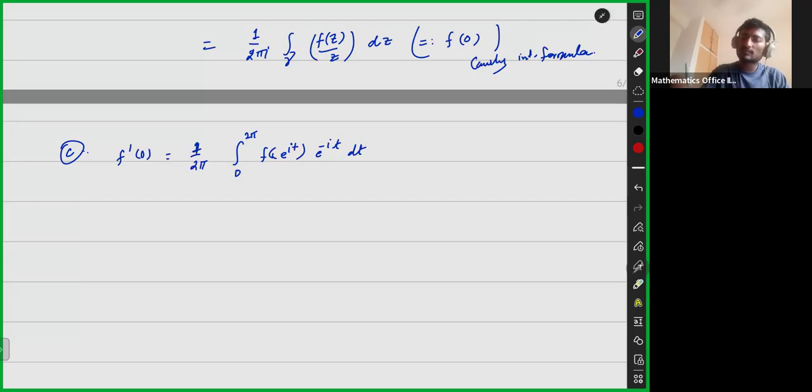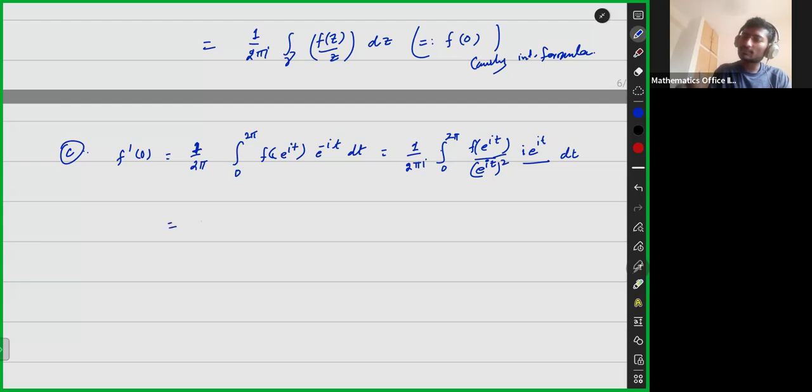So what can we do here? You just multiply by i and divide by i. So 1 upon 2 pi i, integral 0 to 2 pi, f of e power i t divided by e power i t, times i. And we want to multiply by e power i t so that it becomes e power i t squared, or e power 2i t, doesn't matter, dt.